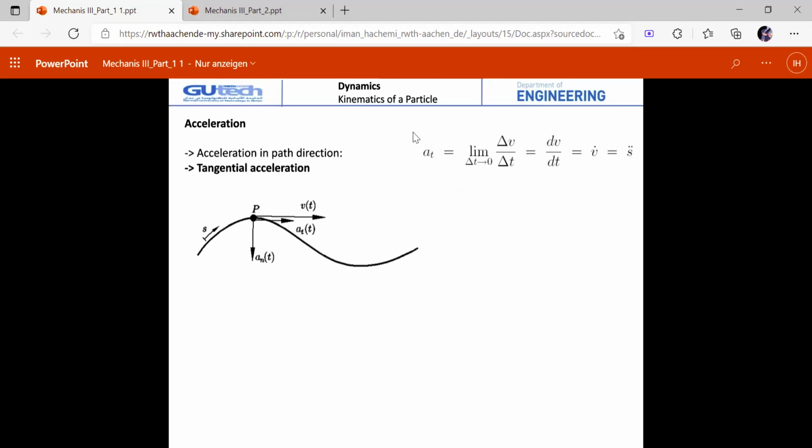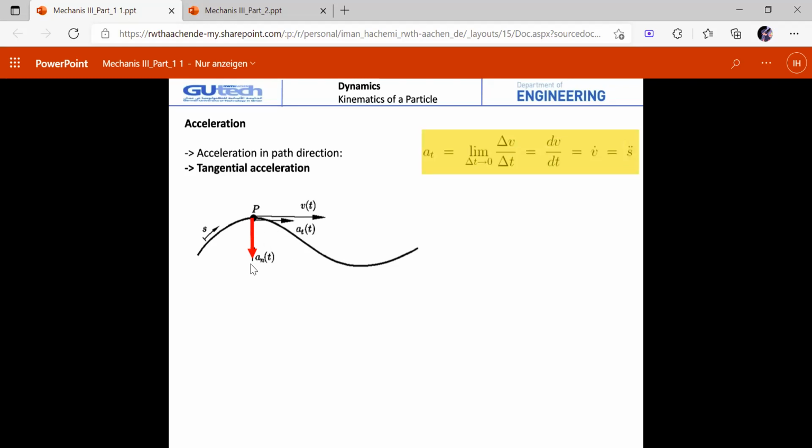But this is the tangential component, then it means it's only v dot, which is in the tangential direction, and it's only the double derivative of the position s.